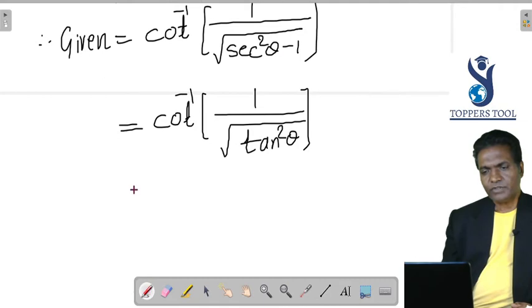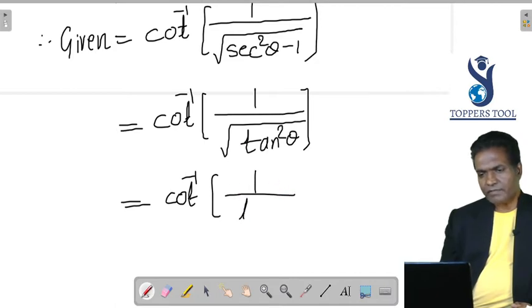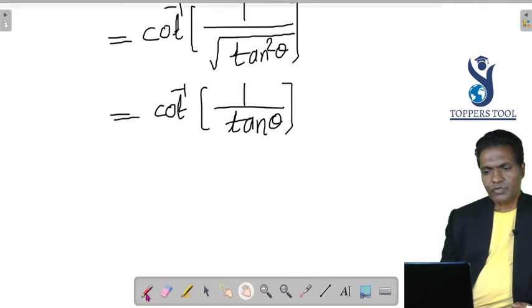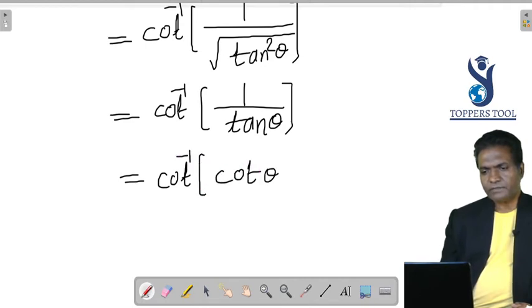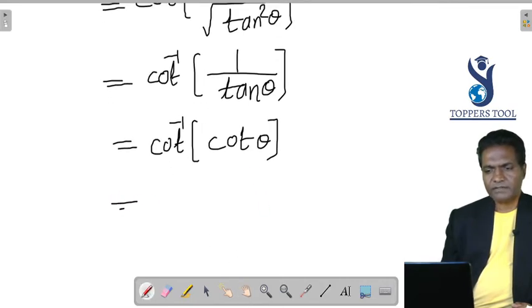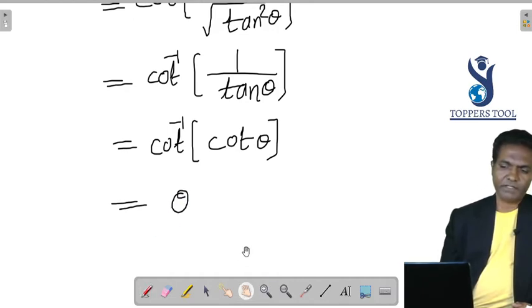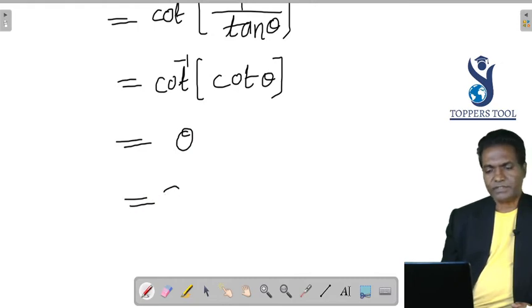So it is square root of tan square, which means tan theta. So it is cot inverse of 1 by tan, which means cot theta, and as I mentioned cot inverse of cot is removed, so you can write it as theta, and theta is sec inverse x.